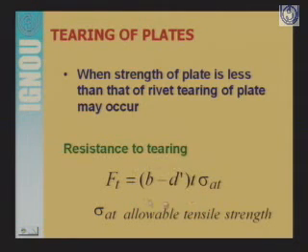This is the effective width of the plate to take this load, into T, the thickness of the plate, into sigma AT, which is the allowable tensile strength of the plate. If we multiply the allowable tensile strength of the plate by the effective area, B minus D dash into T, then we get the resistance to tearing for the plate.